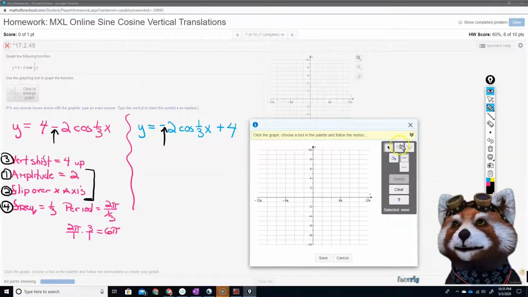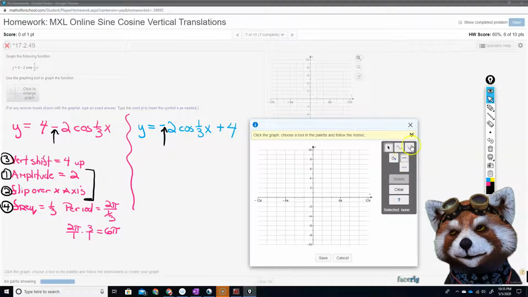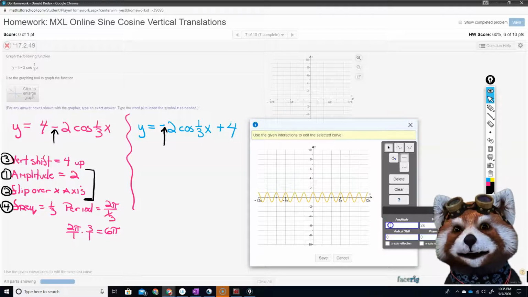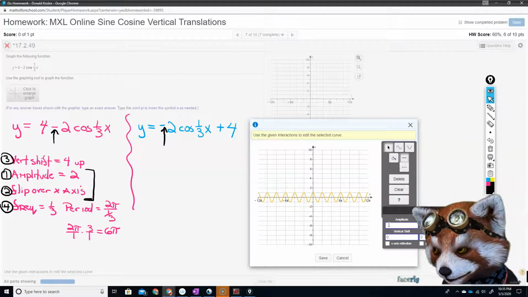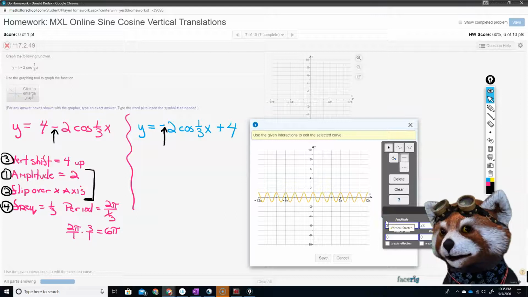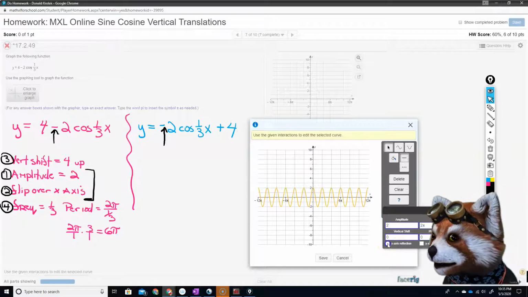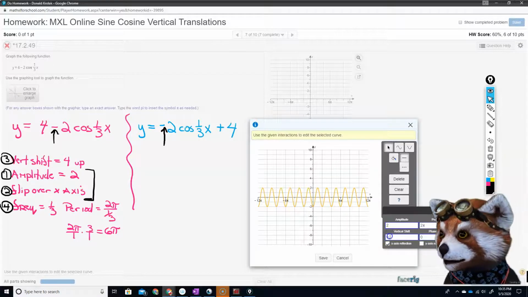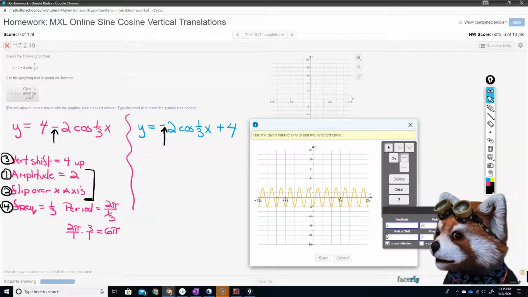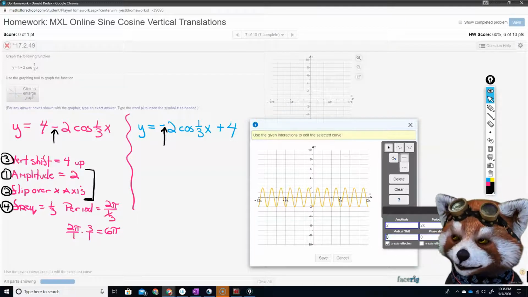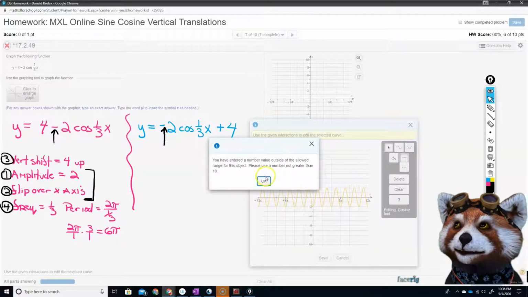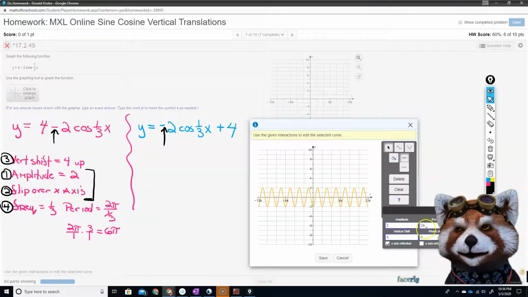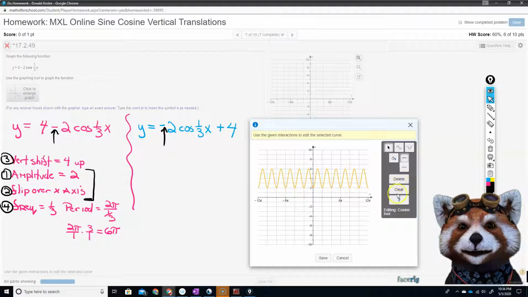So when I got a cosine graph, cosine, click the origin. Okay, I'm going to do my amplitude 2, right? Then I am going to flip it over the x-axis before I start shifting. So now my shift is going to be 4 up, not 4, 4, and my new period is 6 pi.